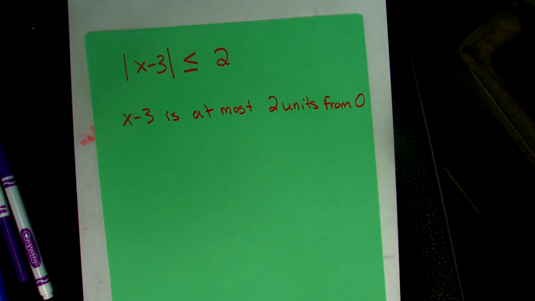Okay, that's how we interpret it. Which means that if it's at most 2 units from 0, it must be between negative 2 and 2, which indicates a conjunction. Okay, has to indicate a conjunction.